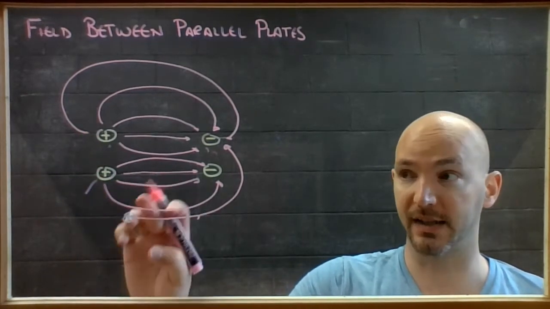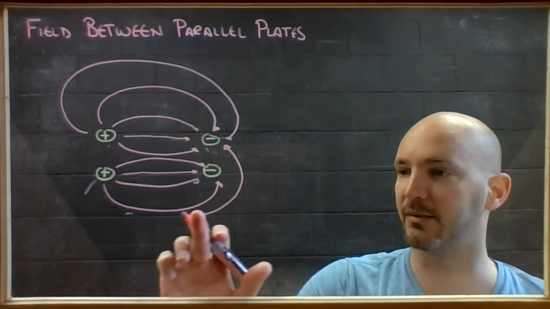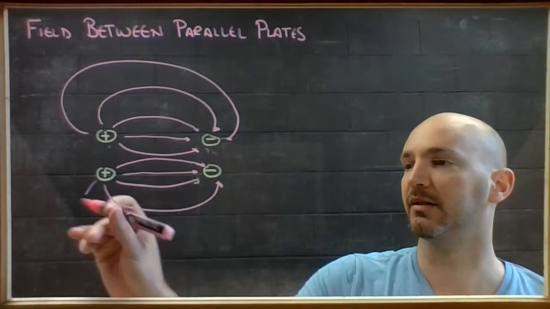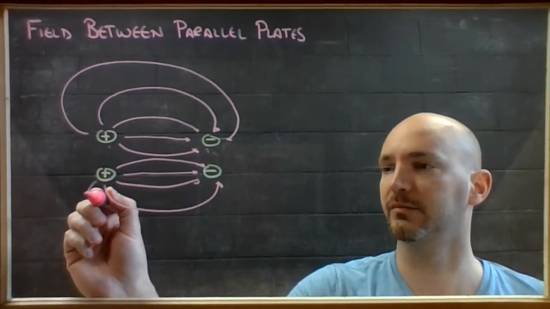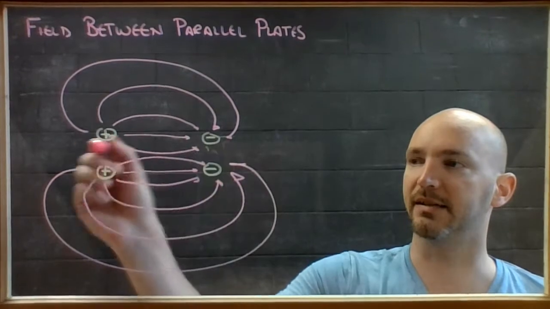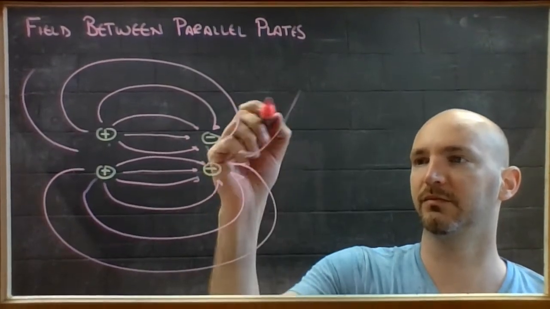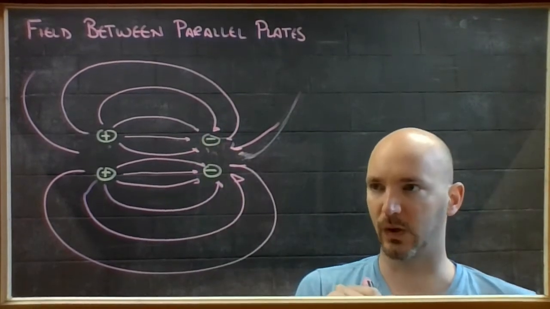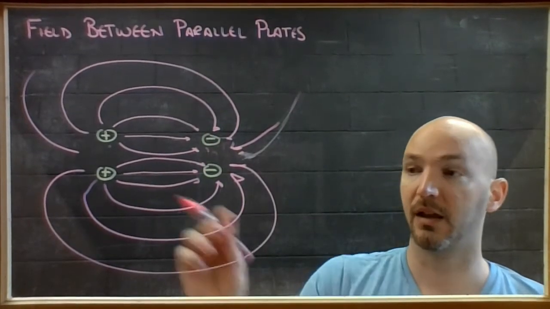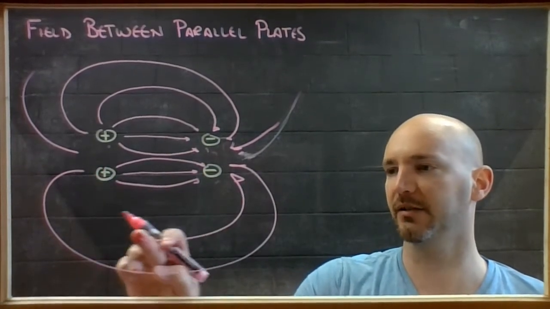Why am I erasing this one and not that one? Well, this one is closer to this edge, so it's going to dominate. Get rid of that. So I get something happening like this. Okay, lovely. I'm going to do it again. I'm going to add in another pair, just about here.